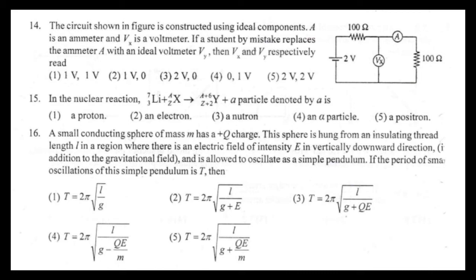There are two forces on the mass: gravitational force mg and electric force eq. So the total force is mg plus eq. If we need to find the effective acceleration on the mass, we arrange this equation F equal mg plus eq in the form of F equal ma.